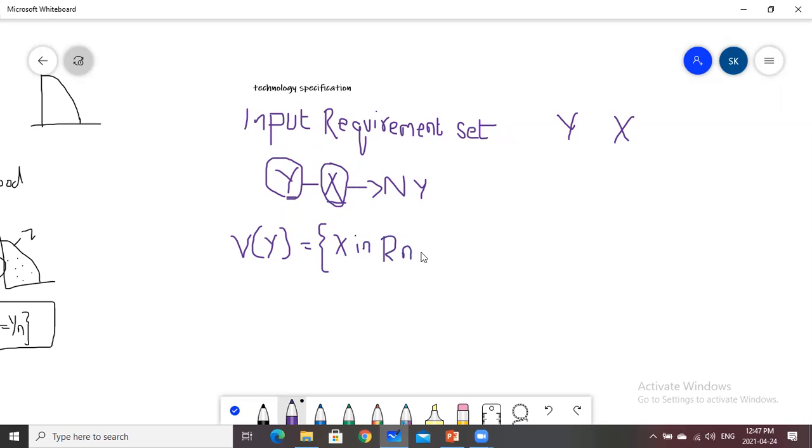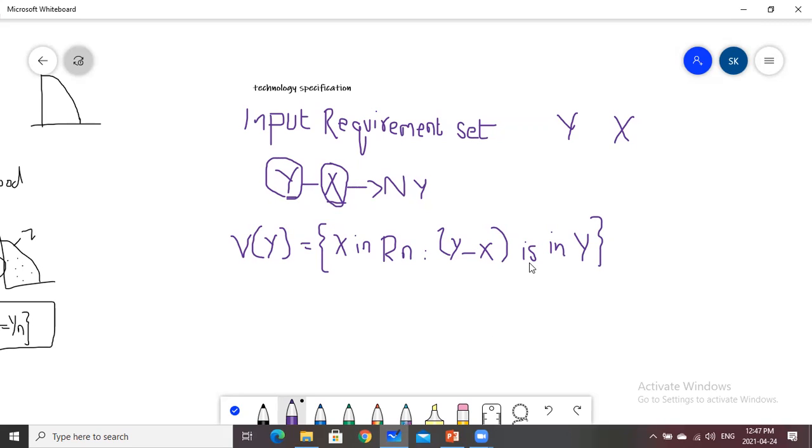X in Rn is such that the net output, that is y minus x, is in Y. So the input requirement set, given the technology specification, is x in Rn such that y minus x is in Y.